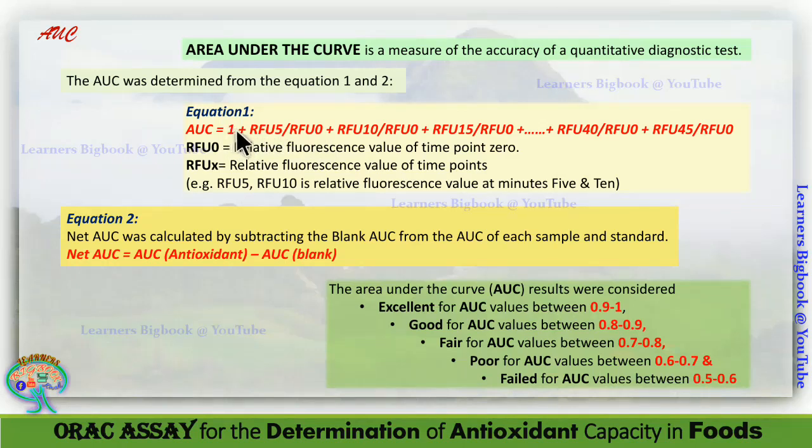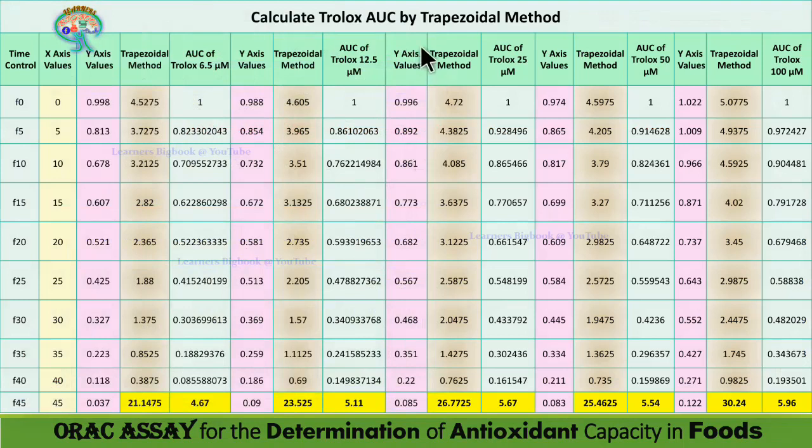So here we are going to keep it as 1, the default, and further whatever the summation we are doing, the average of RFU10, RFU15, up to RFU40 and RFU45, that is 5, 10, 15, 20, 25, 30, 35, 40, 45, all will be divided by the RFU0 value, that is the F0 value, and we are going to get that particular calculation with the help of the trapezoidal method.